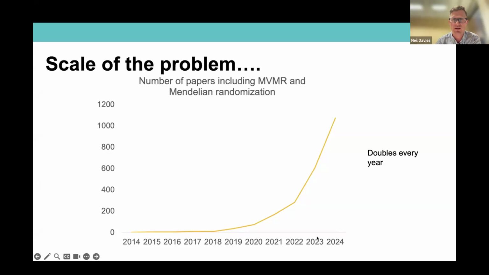There'll be a small number of methodological papers here, but this is just in Google Scholar, combining MVMR with Mendelian randomization. Since the method was proposed about 10 years ago, there's been roughly a doubling every year of people using these approaches. That's quite a lot of scientific output in a huge range of journals. Almost all of them will be using the methods that Ting just described that really don't deal well with weak instrument bias.